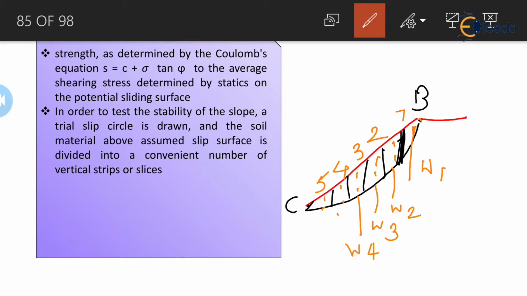So the weight of each slice is resolved. See, this is the upstream slope, this is the inclined part.